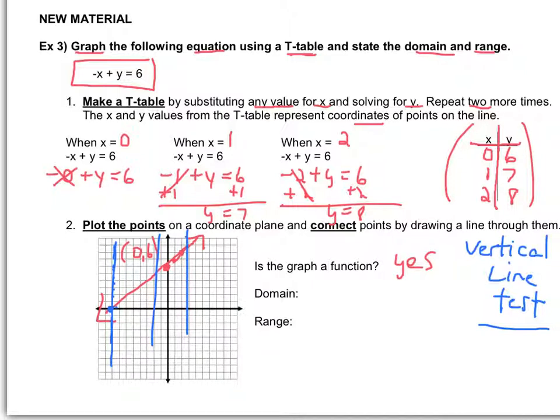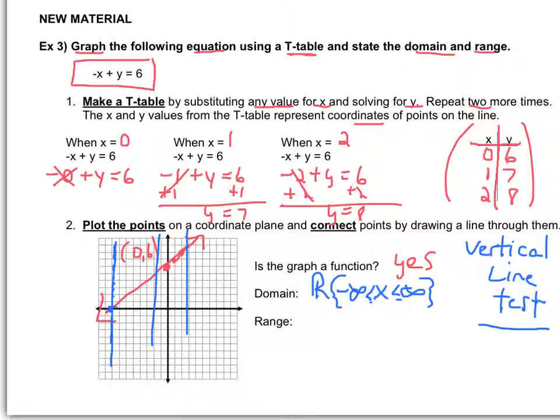The way you write that is, you can write it with this little R looking thing, or you can put that x is negative infinity to positive infinity. And we put the little set notation around that. So x is in between both of those, negative infinity to positive infinity.